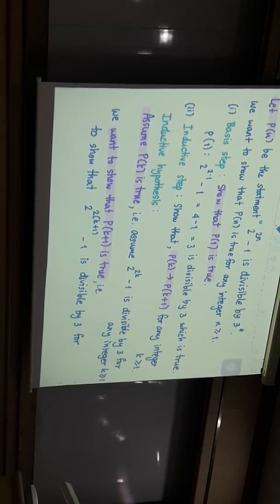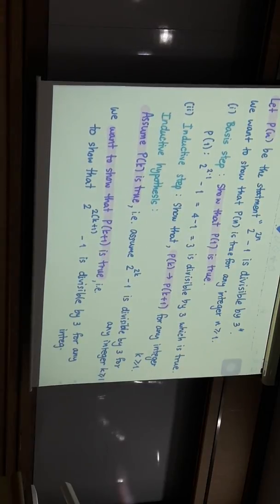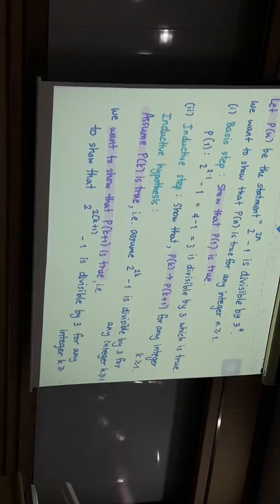For any integer k greater than or equal to 1.